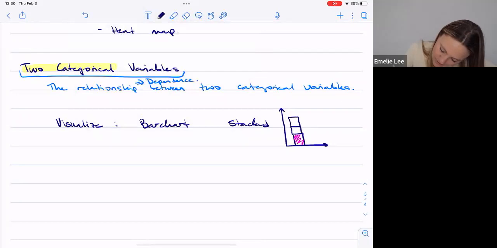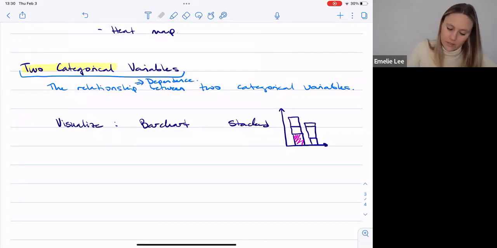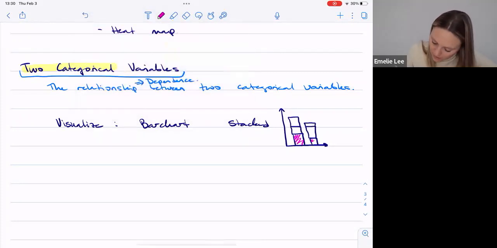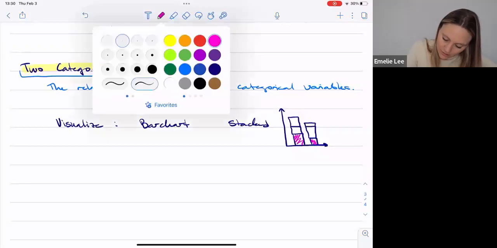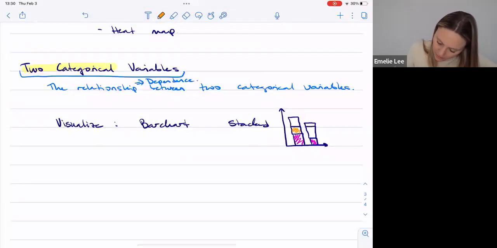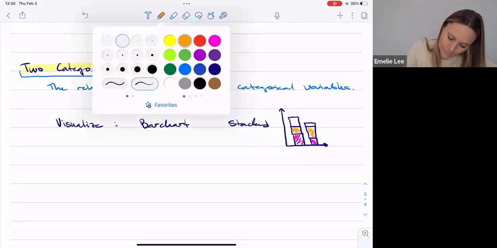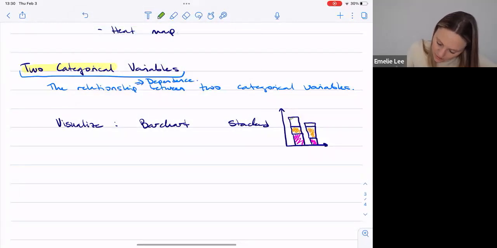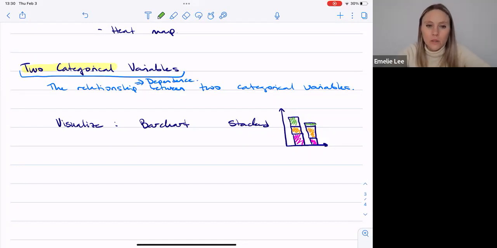Like this. Okay, so what it would look like is if it's stacked, it might look something like this. Okay. What do I have here?